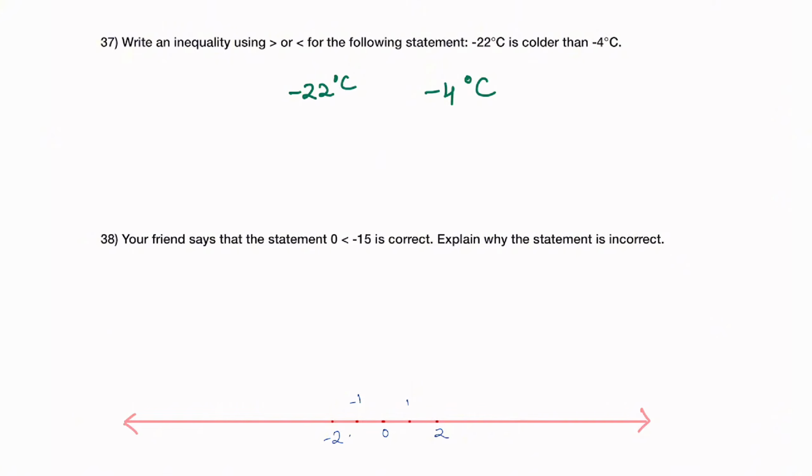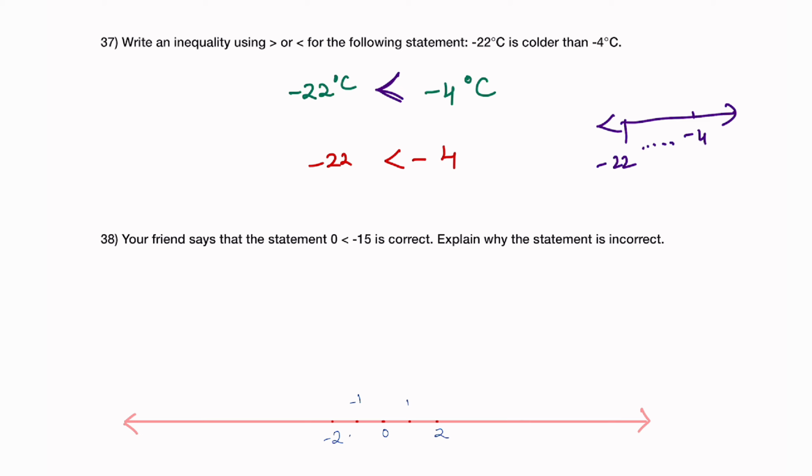So minus 22 is what? It's less than or more than? It is less than, right? Because it's minus. Even on the number line, if you want to check, minus 4 will be here. You go along, and somewhere here minus 22. So minus 22 is less than minus 4.